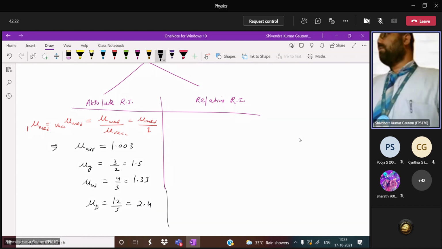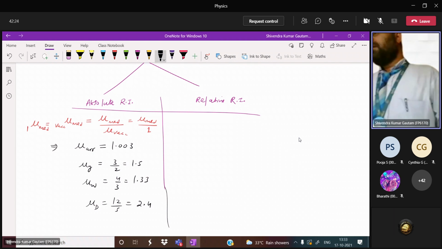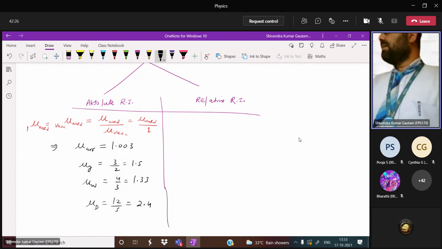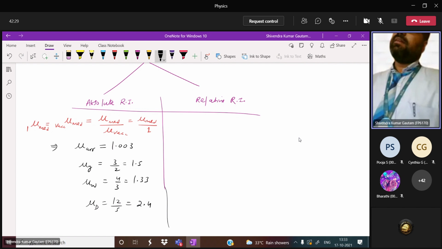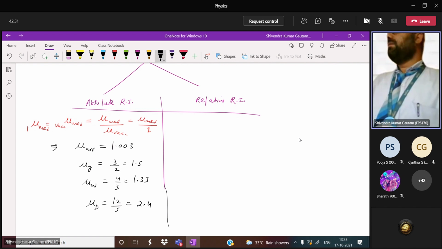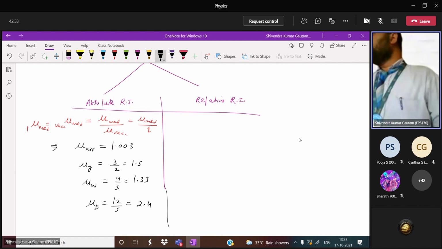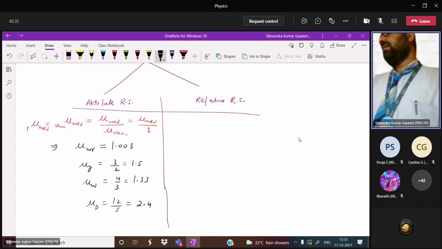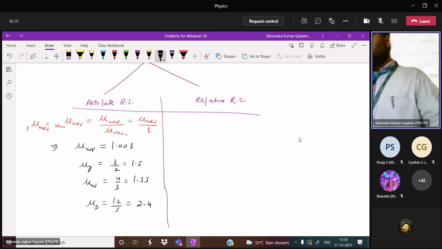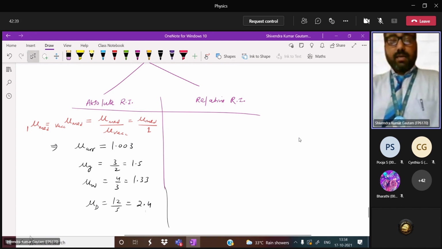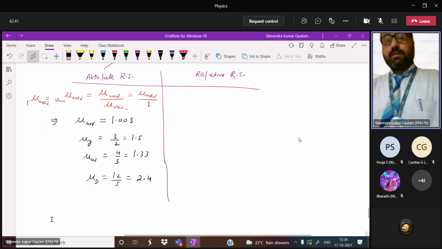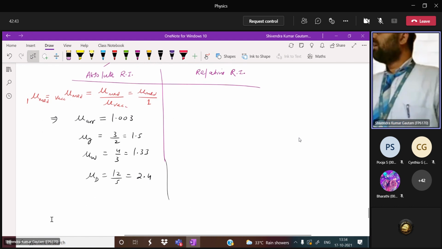That's why the critical angle for diamond-air is very less. Diamond sparkles because the critical angle for diamond-air is very less. If any ray is incident at more than the critical angle, TIR, total internal reflection, will happen. So this is absolute refractive index. Here you have to know that absolute refractive index can never be equal to 1, can never be less than 1.